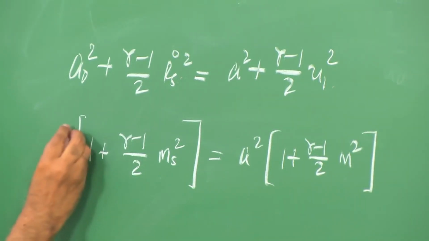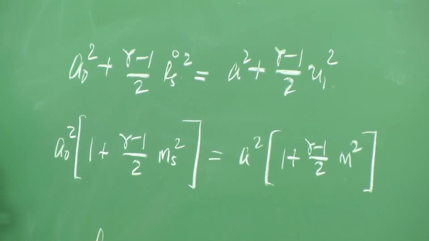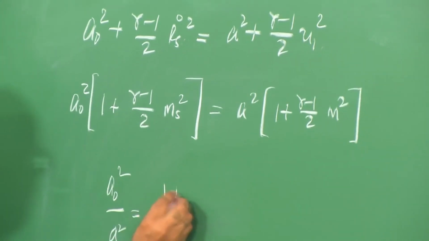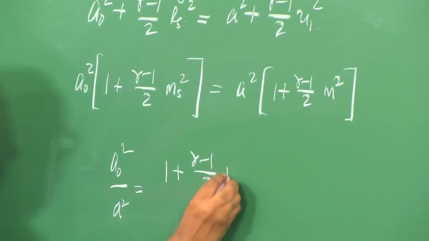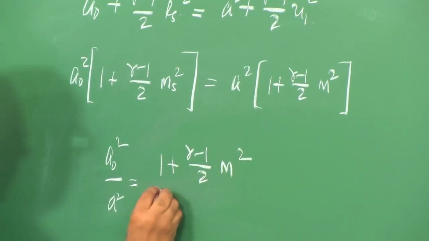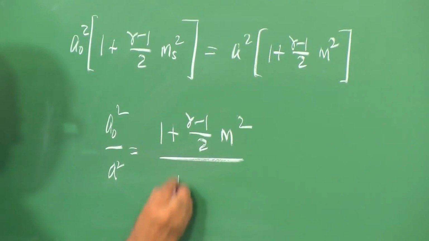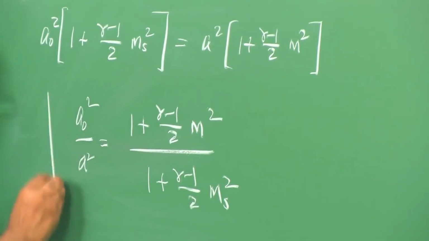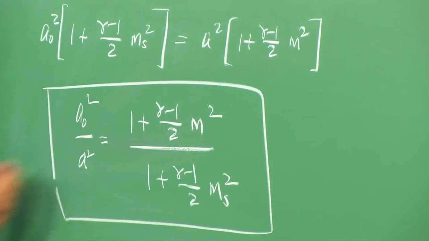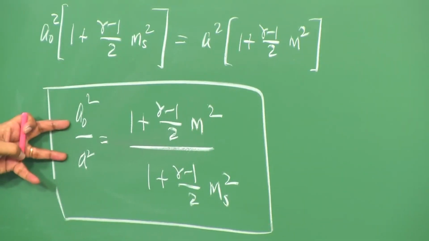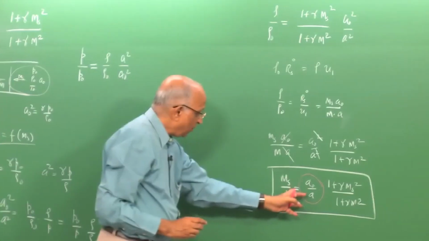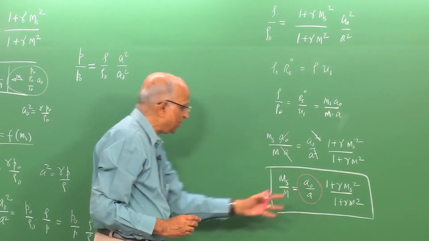Therefore, I get A 0 square divided by A square is equal to 1 plus gamma minus 1 divided by 2 into M square, divided by 1 plus gamma minus 1 by 2 into Ms square. Now I am able to get the expression for A 0 by A in terms of Ms and M. Therefore, I put that expression over here, and what is it I get? Let us put the final expression on the board.